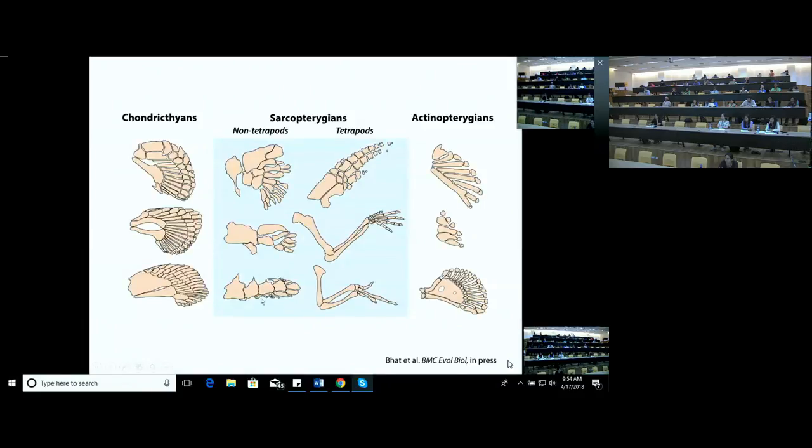So if we look at the different kinds of finned and limbed vertebrates, we have the cartilaginous fish, which have very many parallel elements, and some plates that can be interpreted, if you look at their development, as many, many elements that have just fused together.